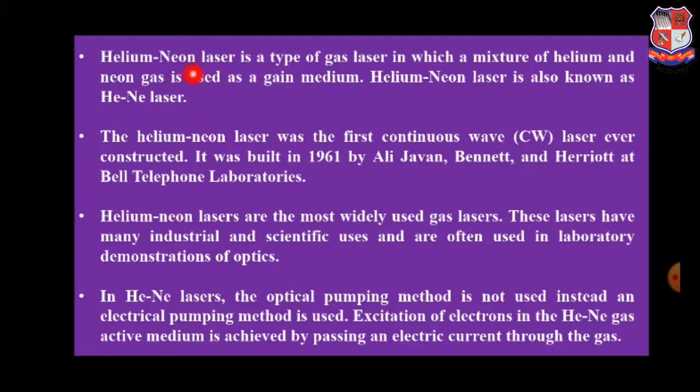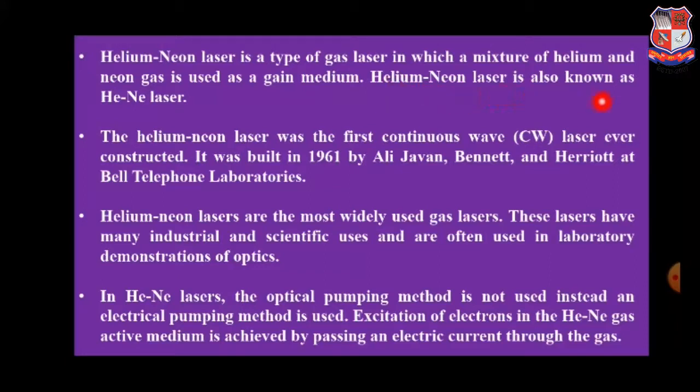So helium neon laser is a type of gas laser because gaseous elements have been utilized, in which a mixture of helium and neon gas is used as a gain medium. We will see the details of this gain medium in the construction parameters.